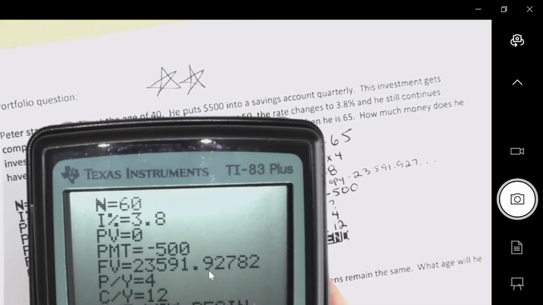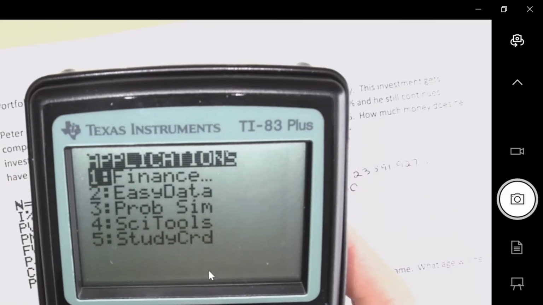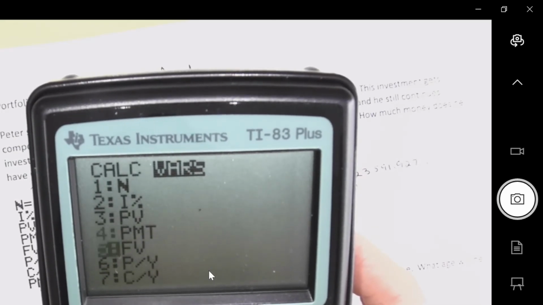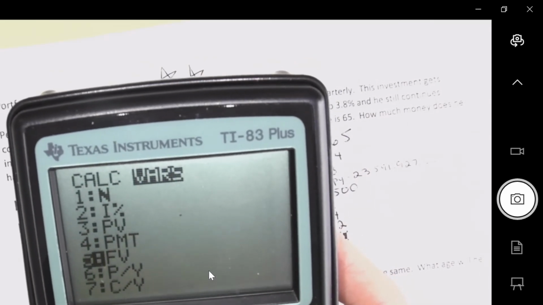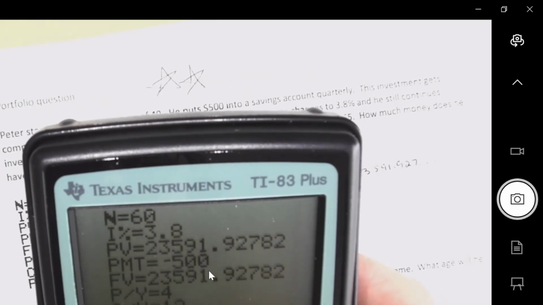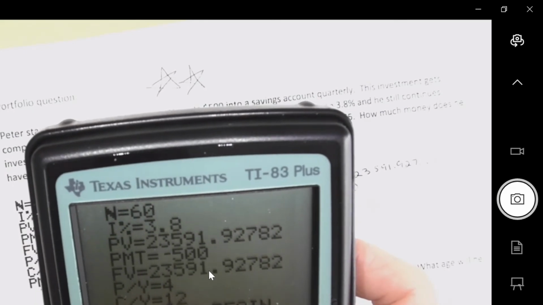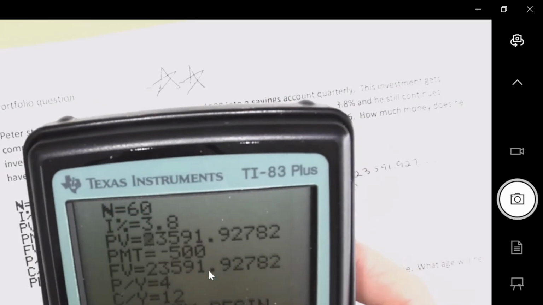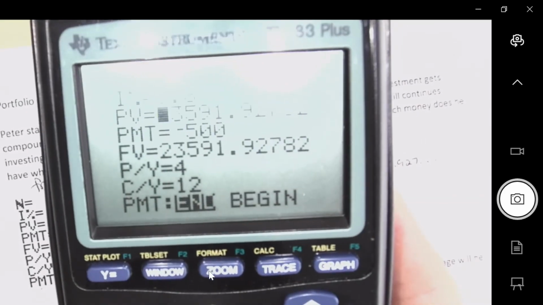Okay, do we remember the skills here? We're going to go into that box. We're going to go apps, finance, VARs, and then that was the future value. And then we're putting it into that spot. I'm pretty sure I need to put a negative on that. I'm not sure if you've used this button, but I'm going to go insert.